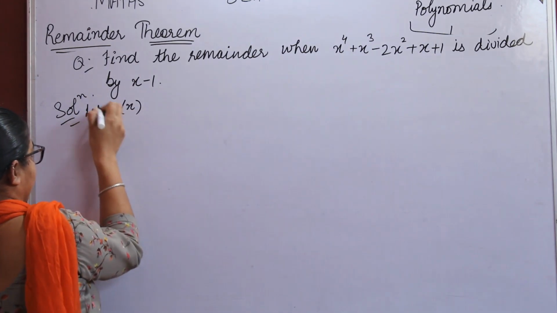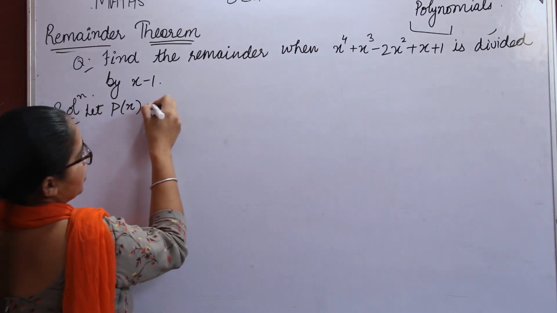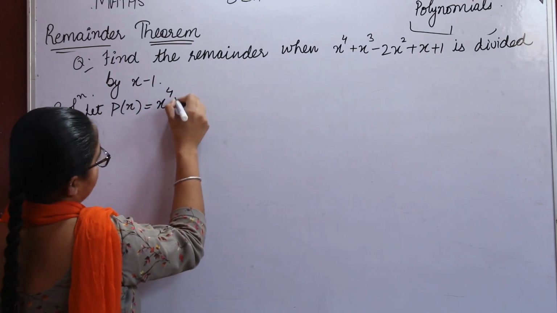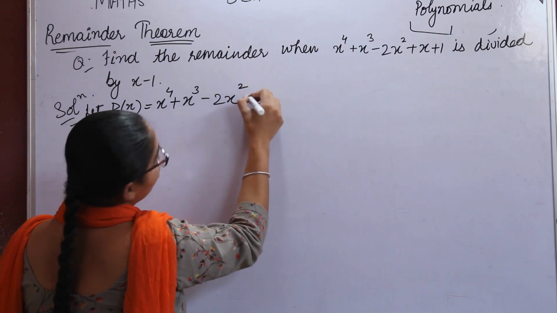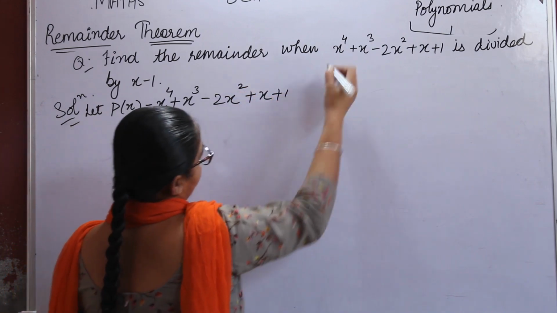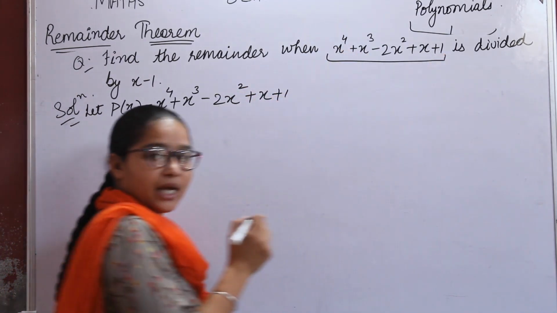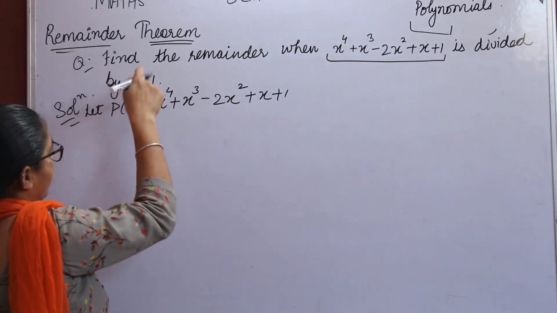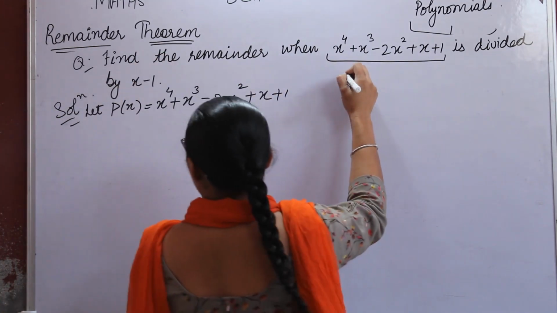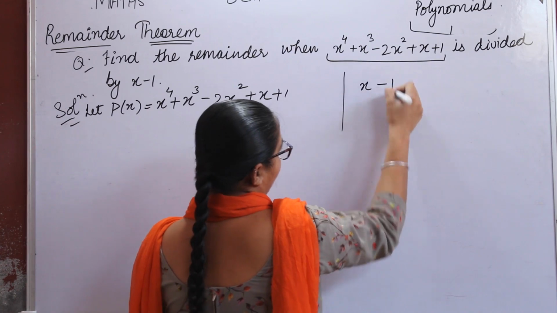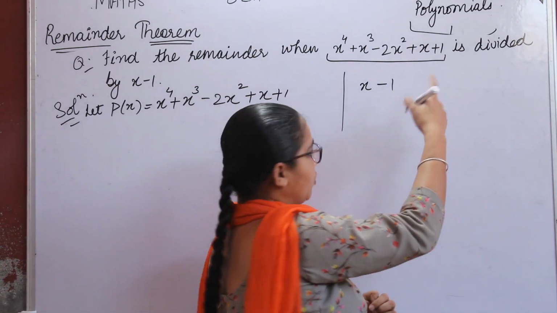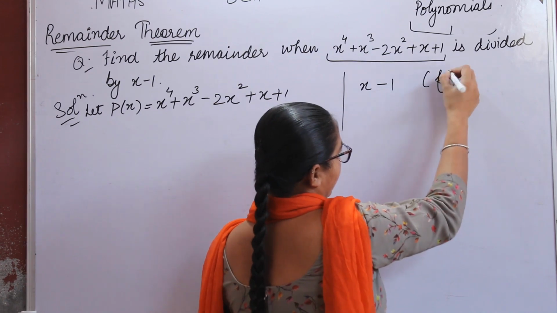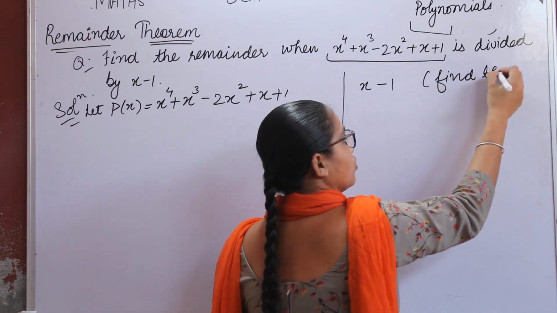You can say let p(x) is x raised to power 4 plus x raised to power 3 minus 2x raised to power 2 plus x plus 1. I have written this as p(x). Now by what do we have to divide? x minus 1. So what you have to do? You have to find the zero of this polynomial.